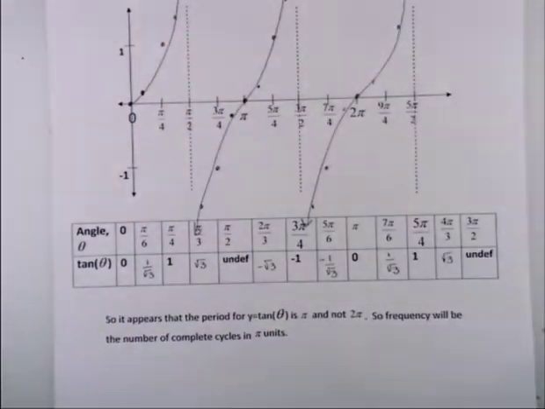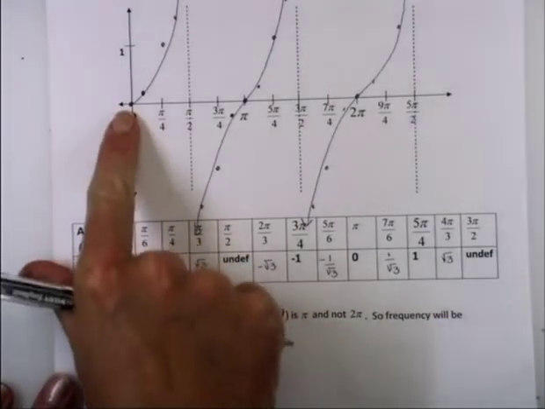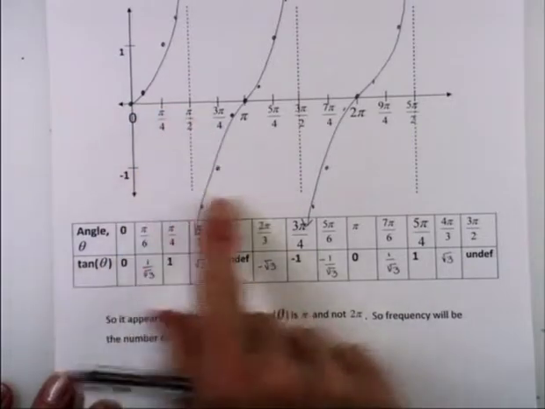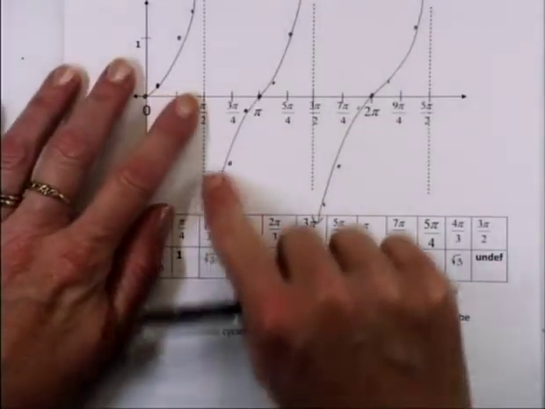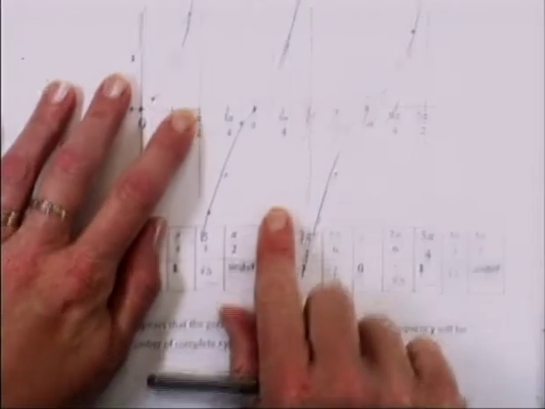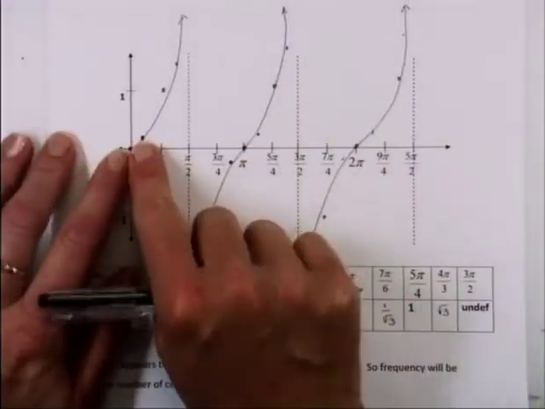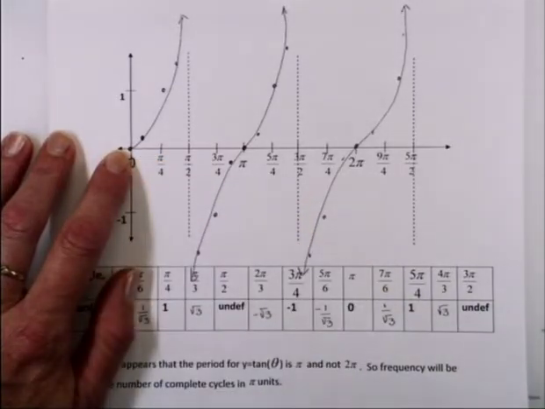Now, the one thing I want you to notice about this, two things actually, is if I had just started at 0, I'm only getting half of that curve. By starting at pi over 2, I ended up with the entire curve. I can see what's going on here between these. Otherwise, if I start at 0, I only get half of it.